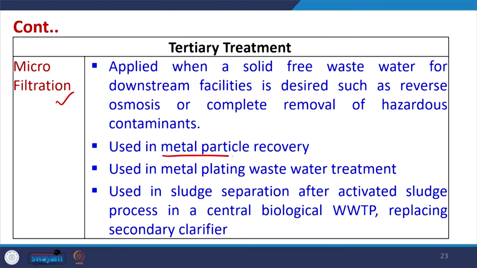It is used in the metal particle recovery, it is used in the metal plating wastewater, electroplating wastewater. It is used in the sludge separation after the activated sludge process has been used. So, there are a number of places where microfiltration can be used.